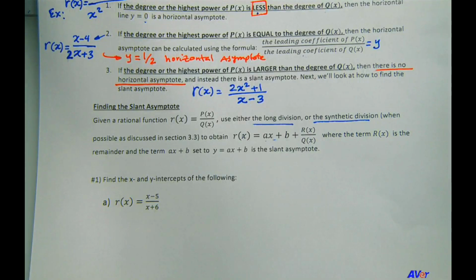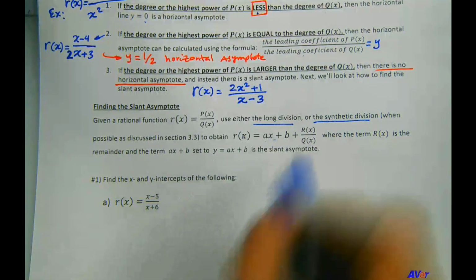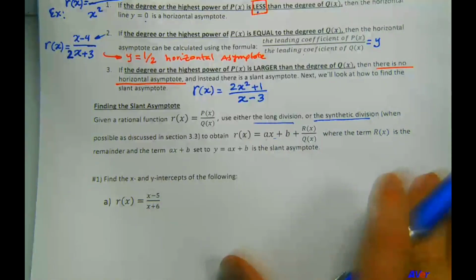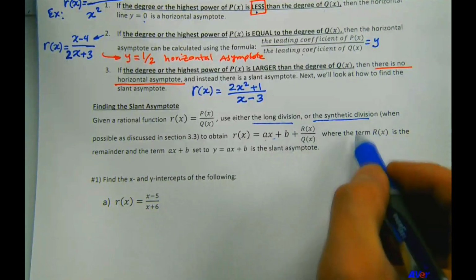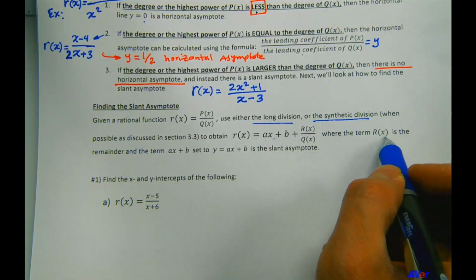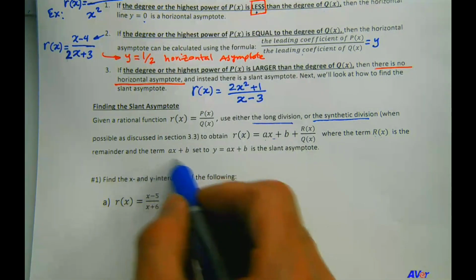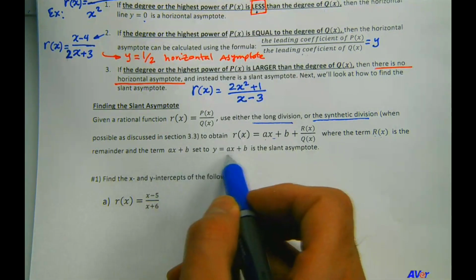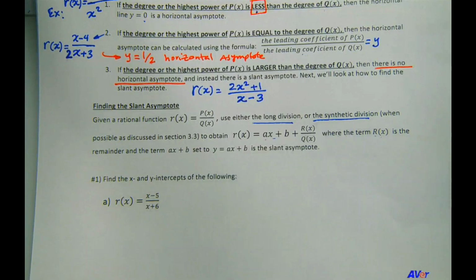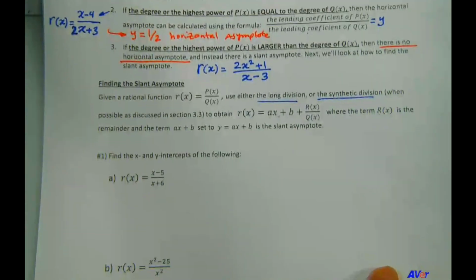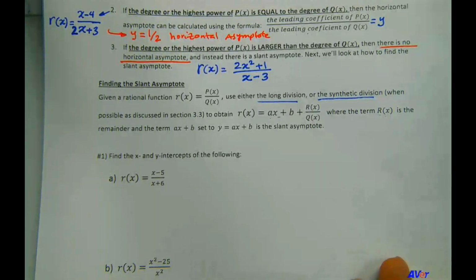So we plotted it and we saw how the slant asymptotes look, where r of x is the remainder and the term ax plus b, set to y equals ax plus b, is the slant asymptote. So you just saw an example of that. Okay, so that was basically the gist of how to find the graphs of rational functions.